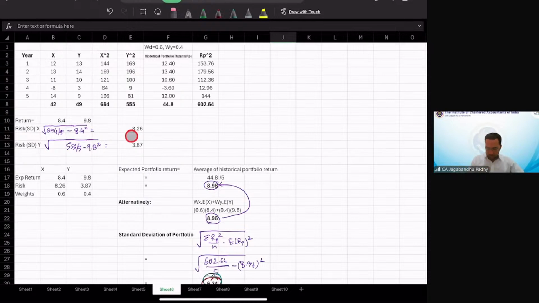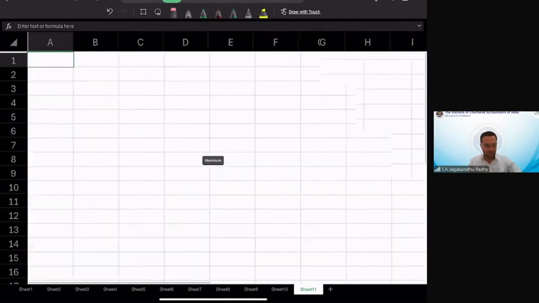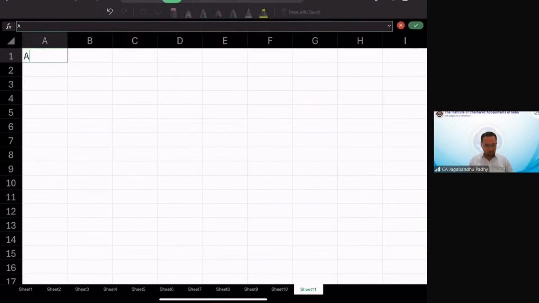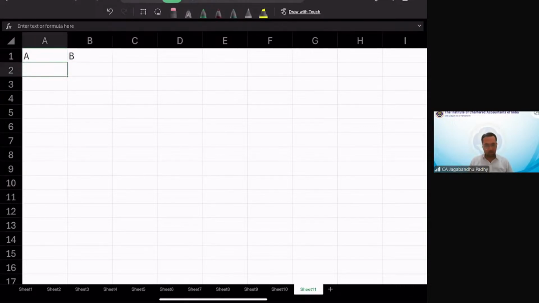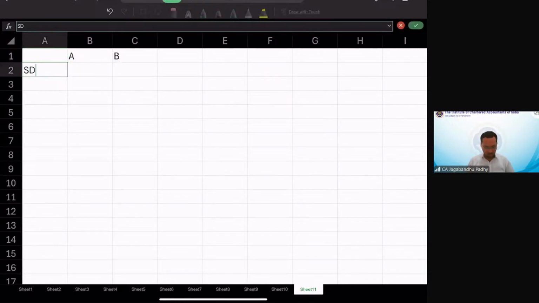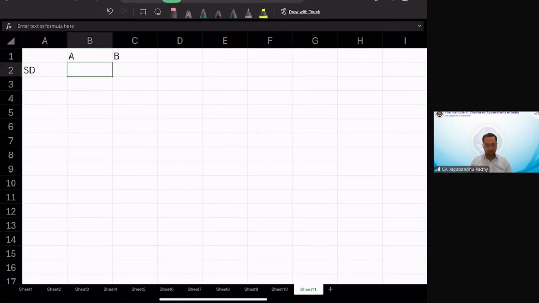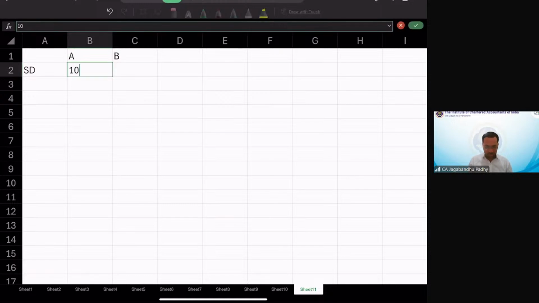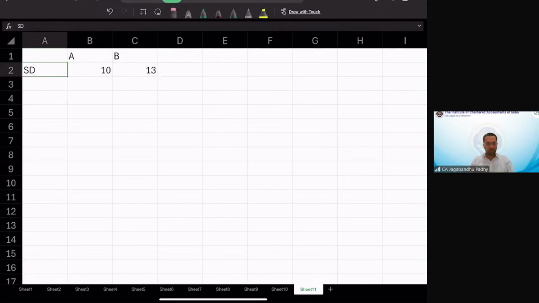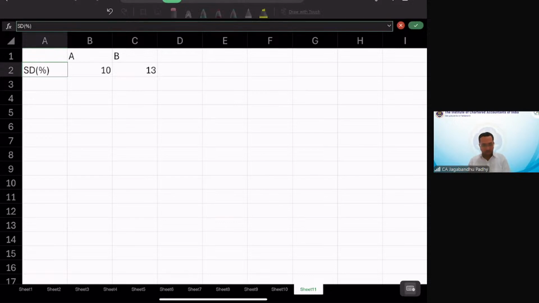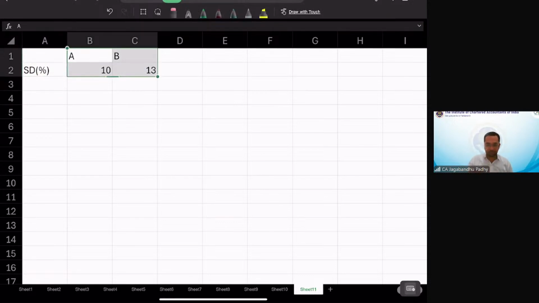Let me take an example to understand it in a better way. Suppose there are two securities, A and B, and they definitely have their own standard deviations. Suppose the standard deviations are, let's say, 10 and 13. Okay, 10% and 13% are the standard deviations of these two securities.